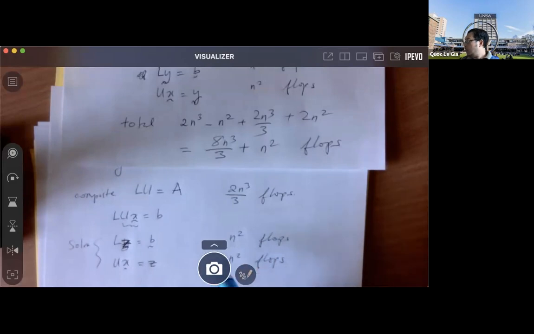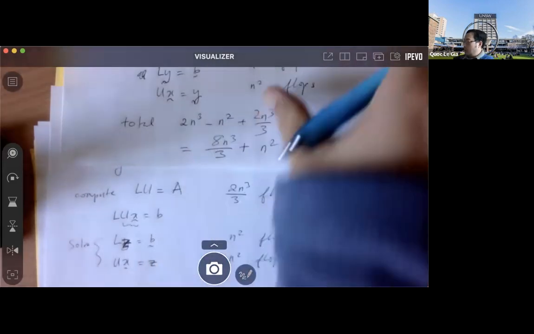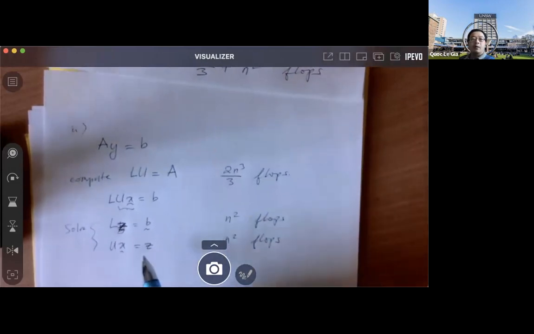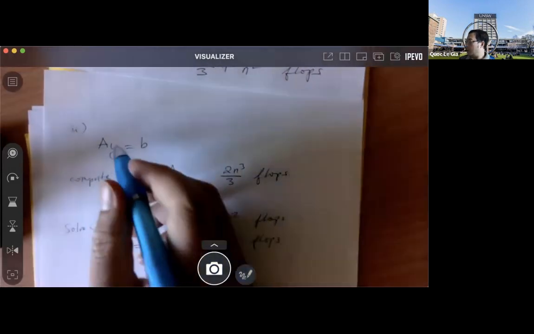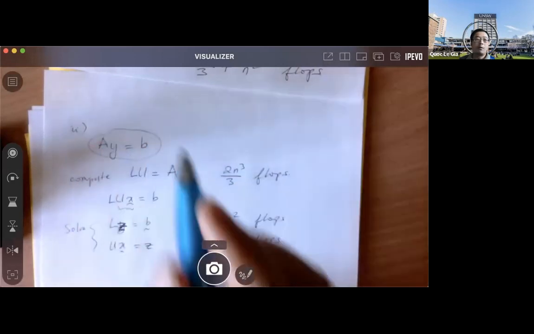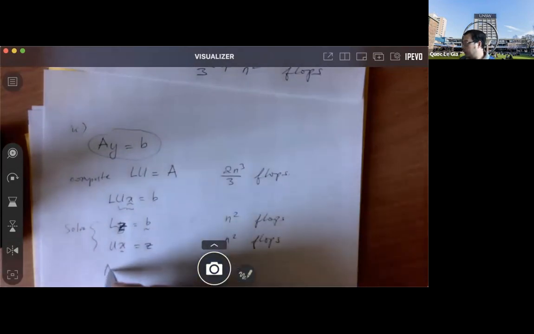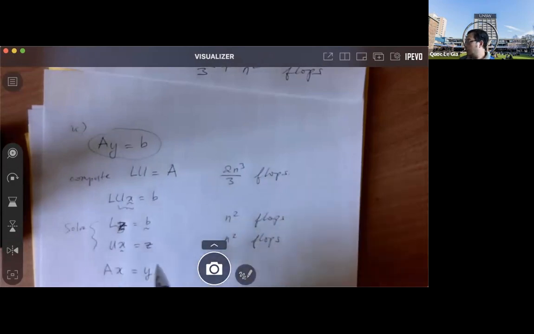And then now you have only Ay equals b. But remember we have to solve Ax equals y.